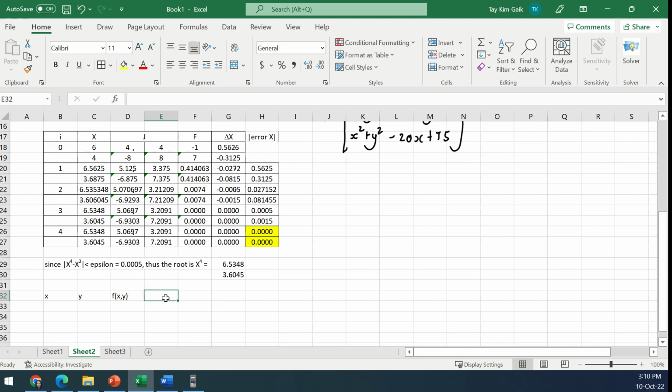Okay, and this is g(x, y), and then you have the sum of squares.